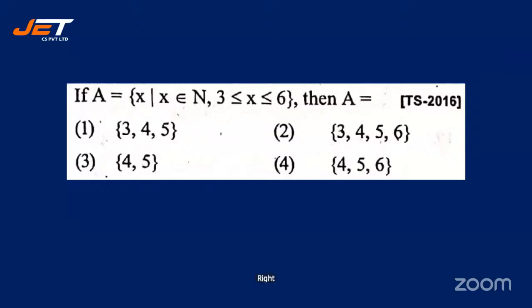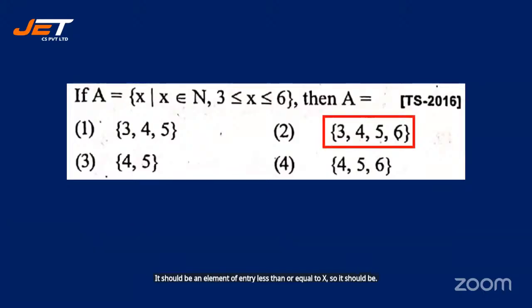So it should be X an element of N, 3 less than or equal to X, less than or equal to 6. So it should be option 2.